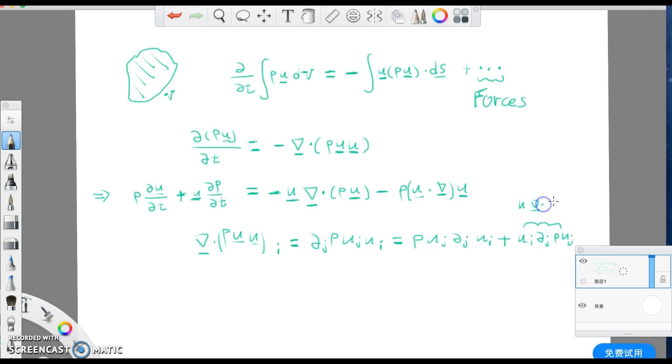This is u times the divergence of rho u, and this is rho u_j partial j u_i, right? So that's rho u dot grad u.